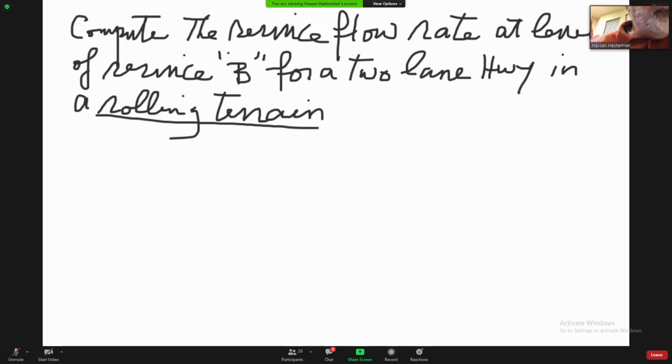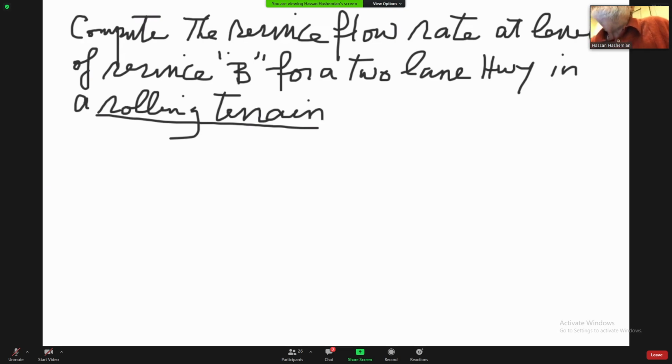Basically, we have 3 levels. We have a level terrain, which is usually 0 to 1% grade. We call it level terrain. If you go higher than that and have a higher grade, like 2%, 3%, we call it rolling terrain.